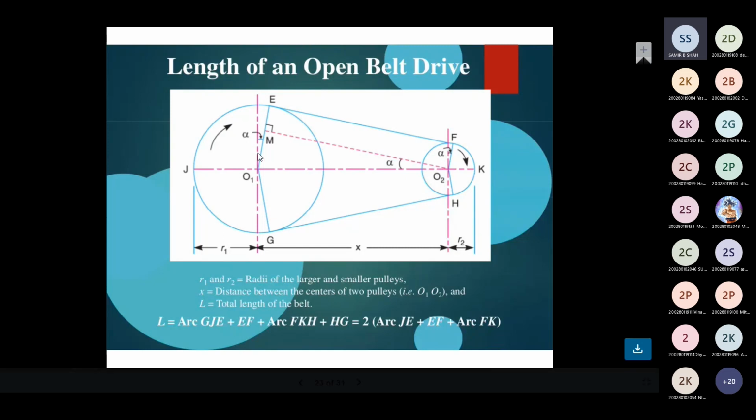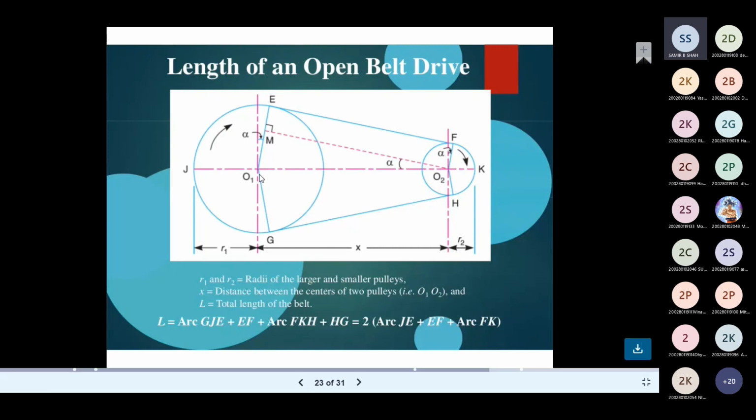O1M is equal to O1E minus EM, divided by O1O2.